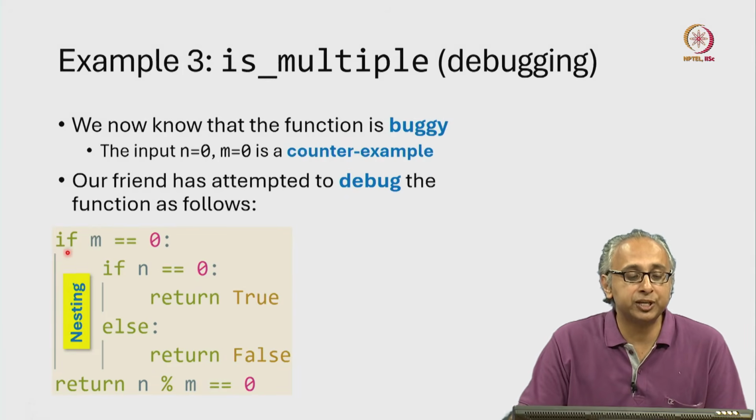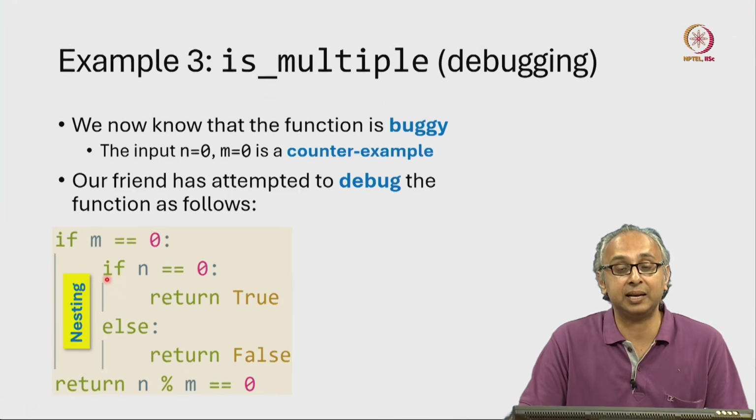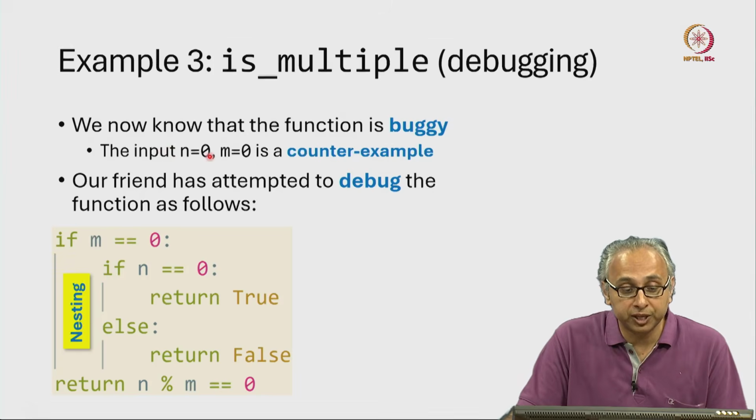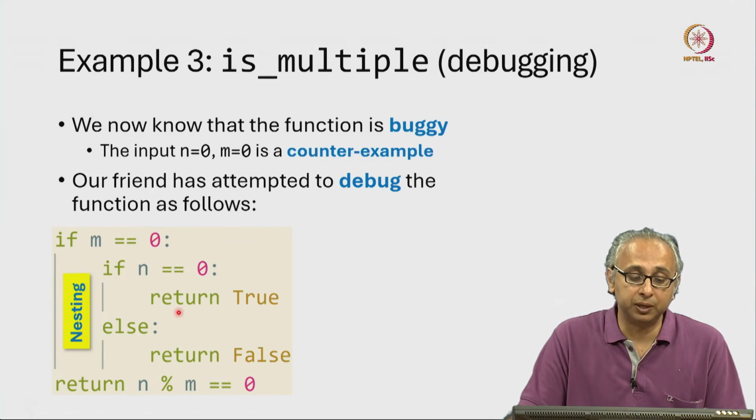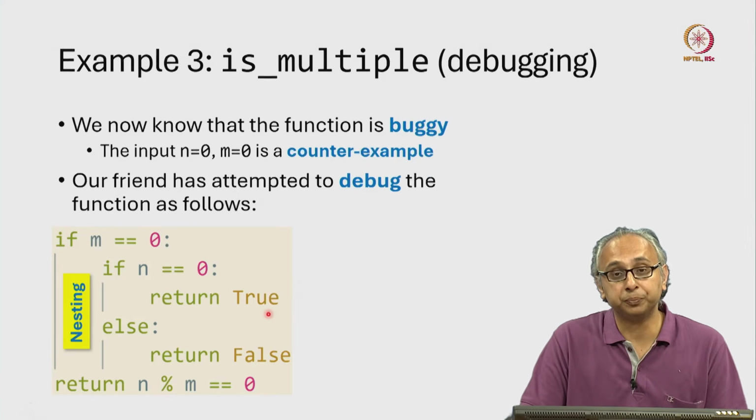So here we will first check if m is equal to 0. If it is, we will come to the next line. Then we will check if n is equal to 0. For this input, this is indeed the case. And in that case, we will return true, which is what we were supposed to do.